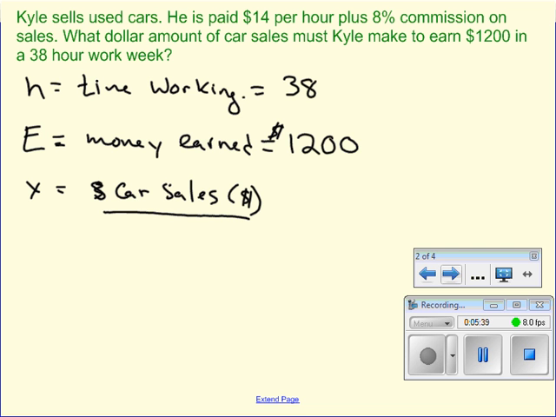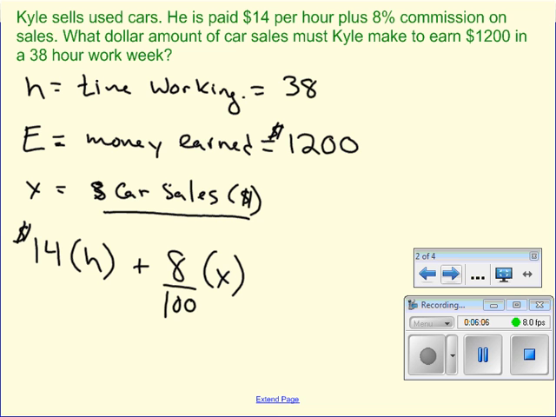So if I look at how much Kyle earns, I know that it's going to be $14 times the amount of time he works, so $14 times his hours. He makes an 8% commission, and 8% is merely 8 over 100 times his amount of sales. And this is going to be equal to how much he takes home, E.